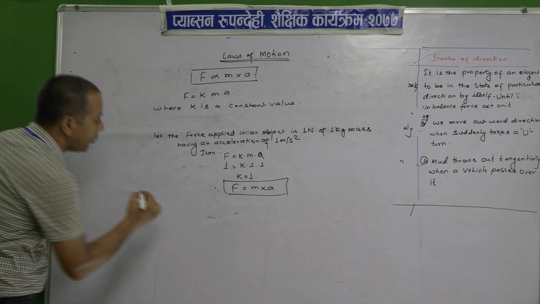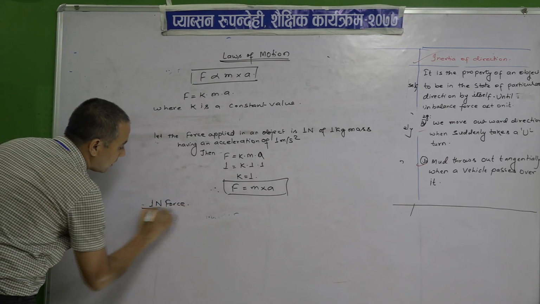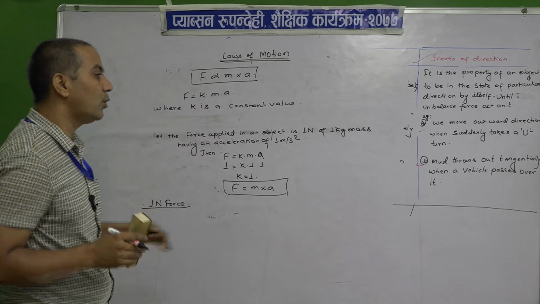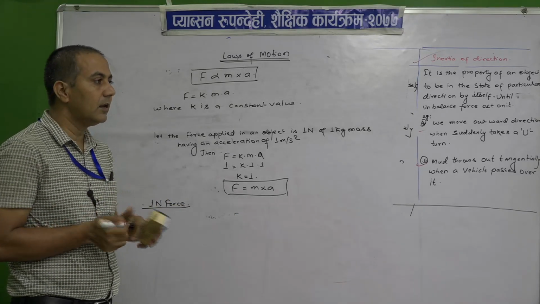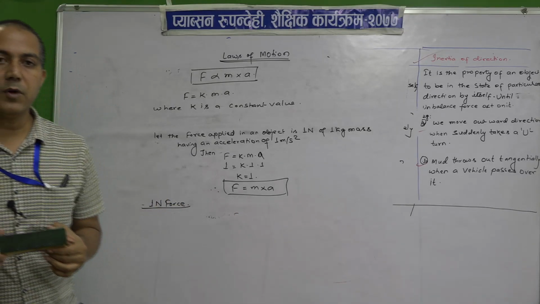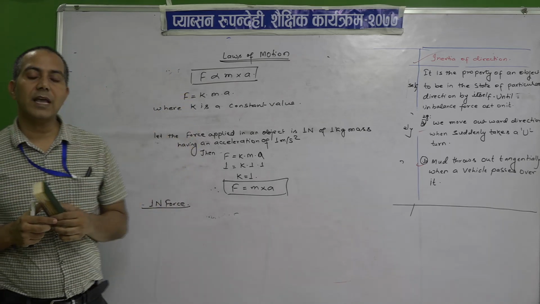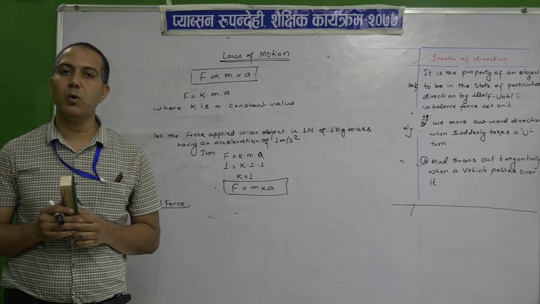What is 1 Newton of force? 1 unit of force is the product of 1 unit of mass and 1 meter per second square of acceleration. This is Newton's second law of motion, and the third law of motion we will continue tomorrow.